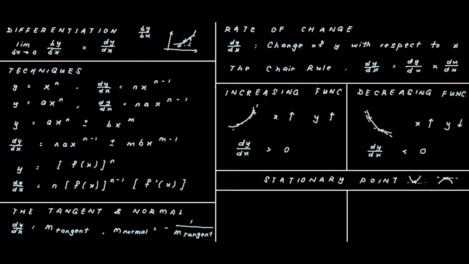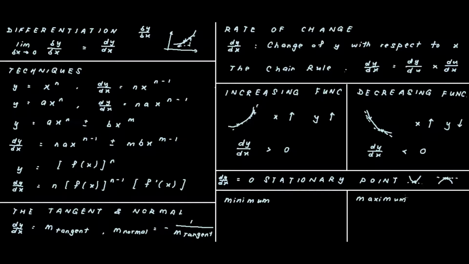You can realize that they will have a gradient of 0. So that's why when we talk about a stationary point, we say that dy dx is equal to 0. But under stationary point, we have two different types. The first one is the minimum point. The second one is the maximum point.